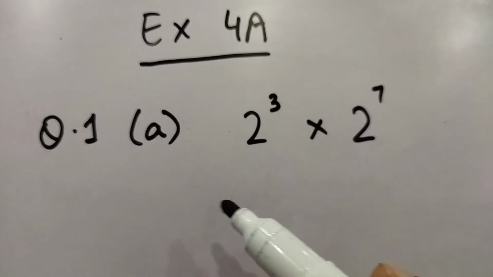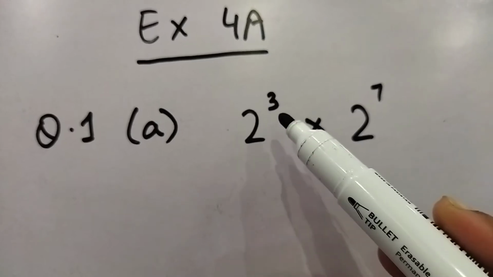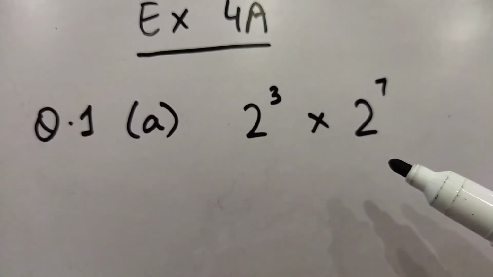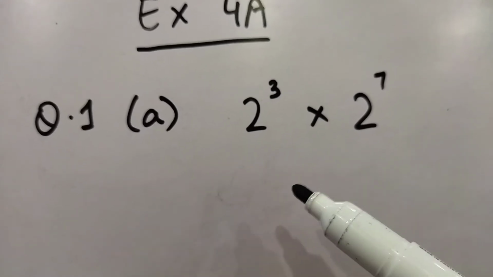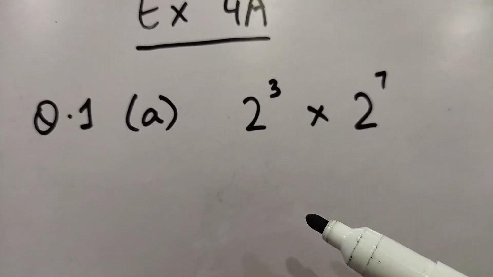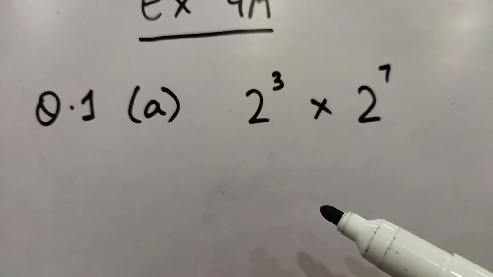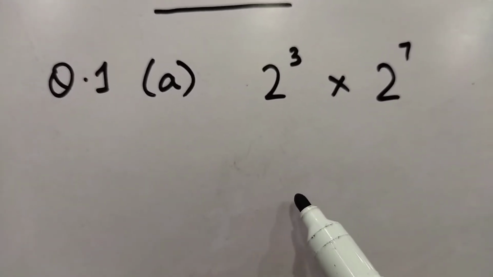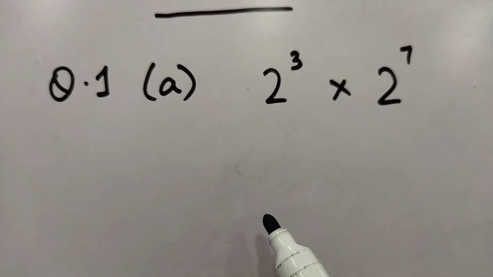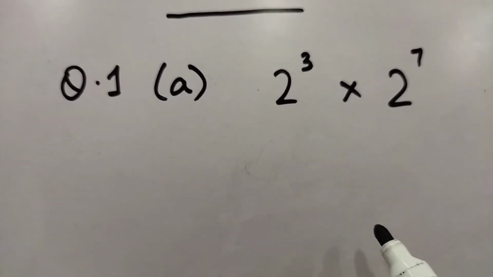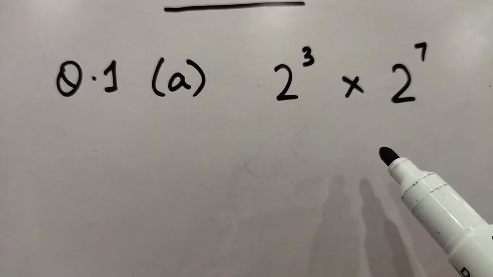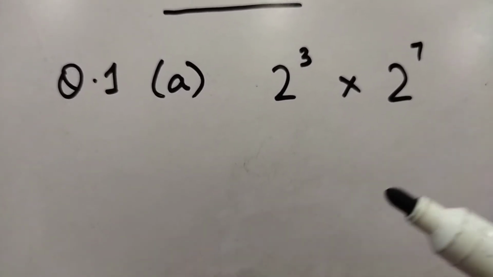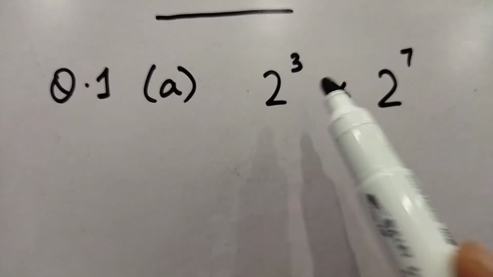Okay, this is question number 1, part A, which says 2 raised to power 3 into 2 raised to power 7. How we need to deal with such questions is basically we have to apply law of indices number 1. Law number 1 of indices says that when we have 2 variables or 2 bases which are similar to each other, and they have different powers or similar powers, all we need to do is add up their powers, their indices, right?